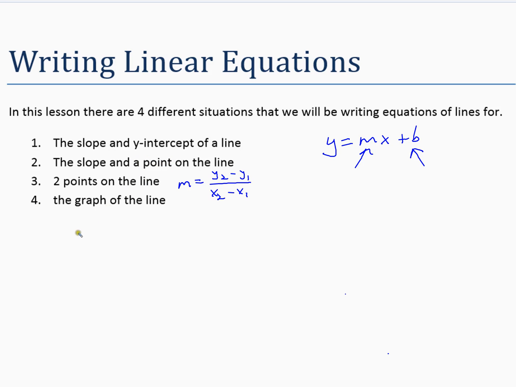And the last one is the graph of a line, which if we can see where it crosses the y-axis, it's really easy to write the equation of the line. If not, we can kind of use one of these other ways. We can find the slope using 2 points and then figure out what the y-intercept is. So we'll be talking through each situation and writing the equations.